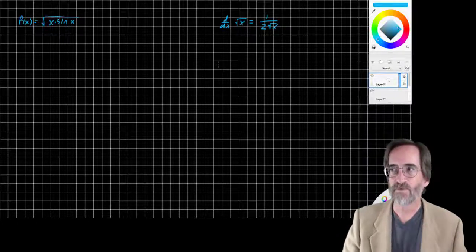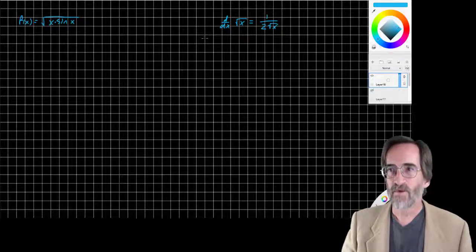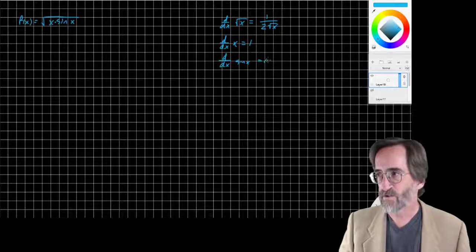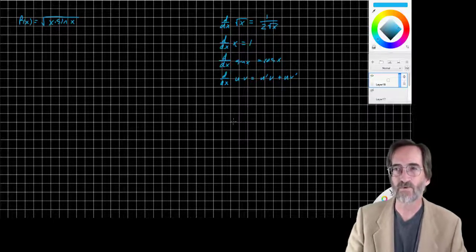The derivative of x is 1, and the derivative of sine x is cosine x, and the derivative of u times v is u prime v plus u v prime. So these are the rules we're going to use here.